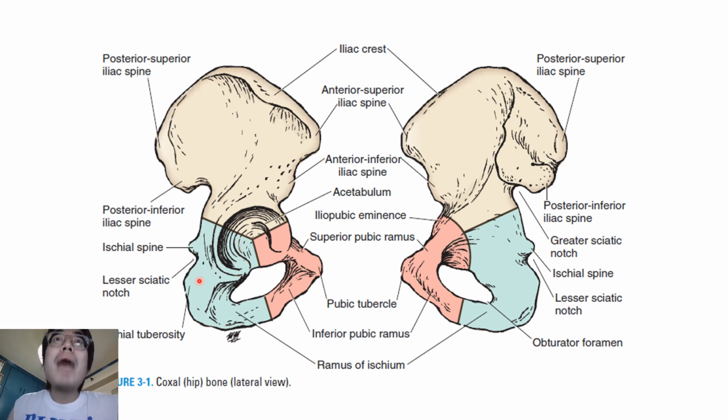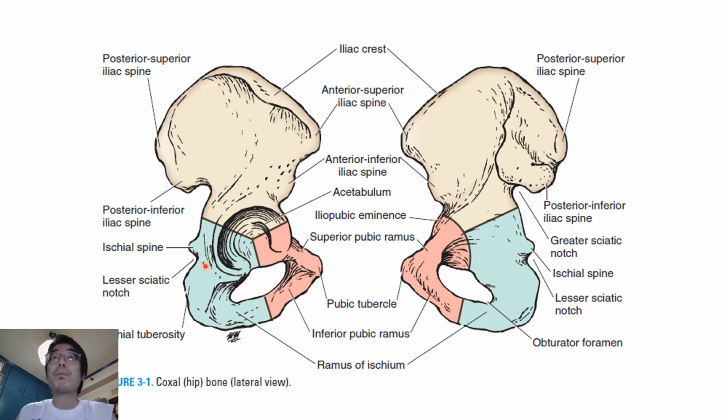The ischium has a prominent ischial spine over here, an ischial tuberosity. The ischial tuberosity is actually the part of the hip bone which we feel when we sit down, and the lesser sciatic notch.